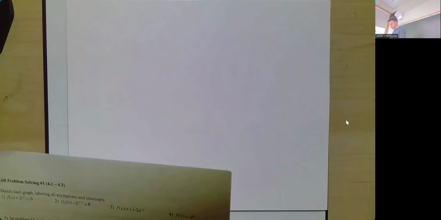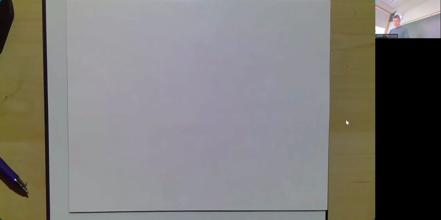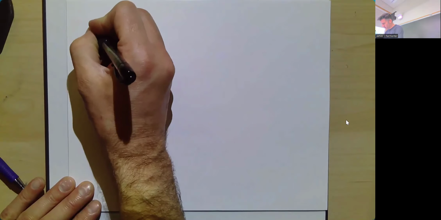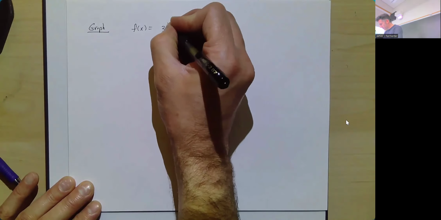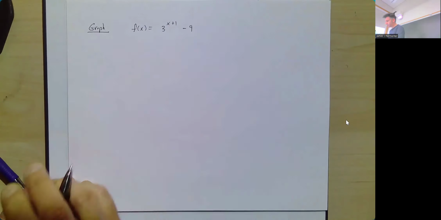Let's do a couple of these. Let's graph some easy, relatively easy exponentials. Let's say we're going to graph f of x equal to 3 to the x plus 1 minus 9.